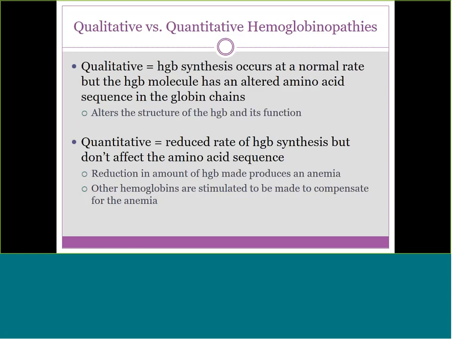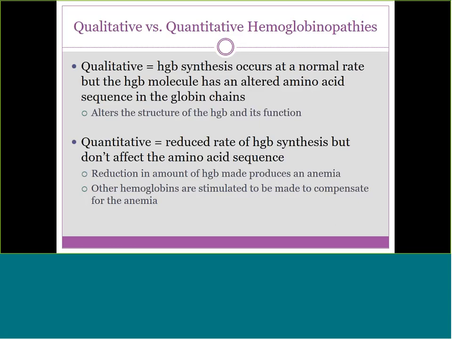Qualitative essentially means that you're making a normal amount, but the way that it was made is abnormal. Remember, when we make a hemoglobin molecule, it was made up of 4 heme groups and 4 globin chains. And those globin chains were strings of amino acids put together. That's what makes it a protein.